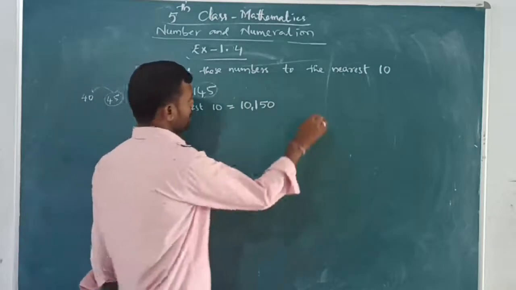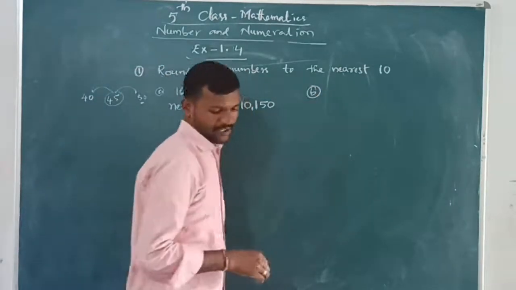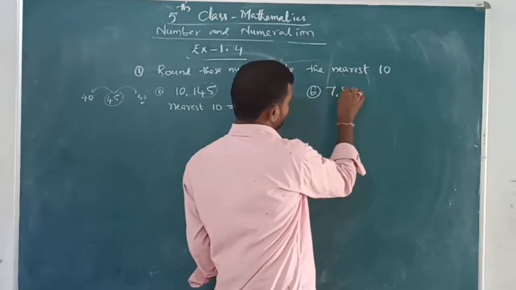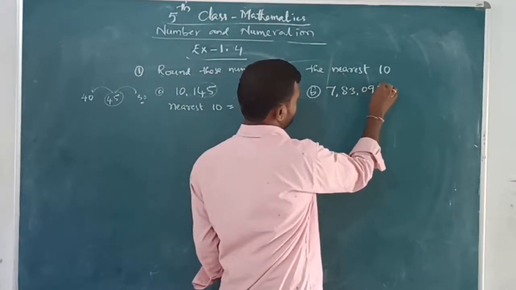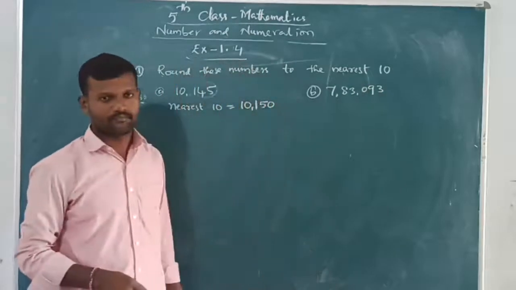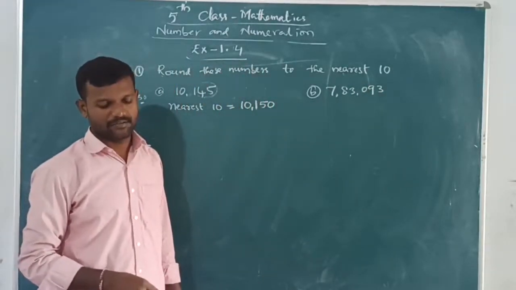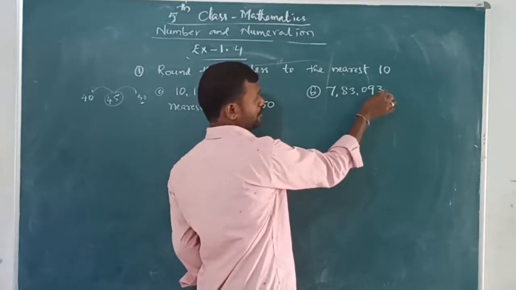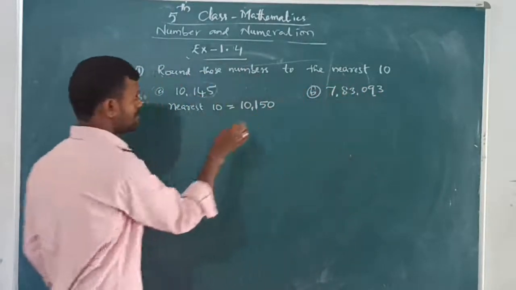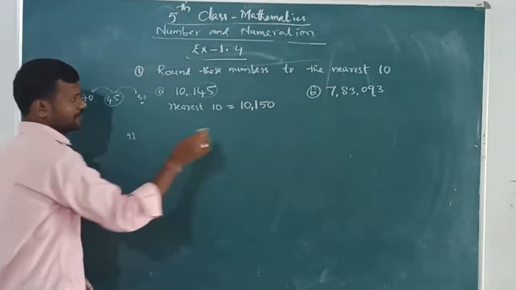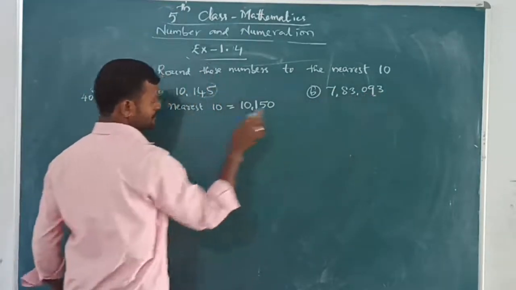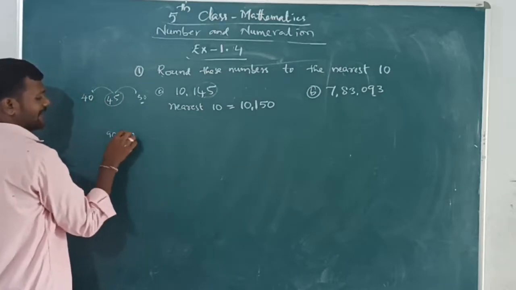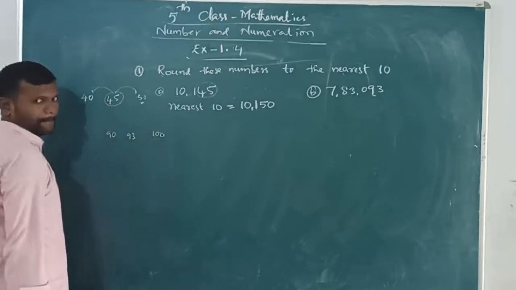Okay. Similarly, B. What is B in this? 7,83,093. So nearest to tens, that's why we should take only two digits. What is the number we are getting here? 93. Last two digits we should take. 93 is between what? 90 and 100.